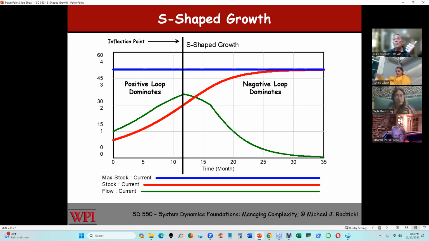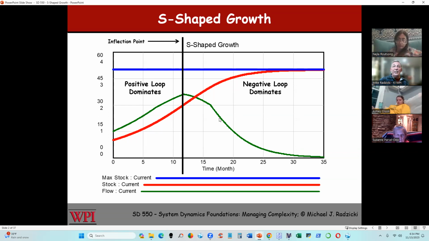So you need a positive loop, a negative loop, a goal or a carrying capacity, or a ceiling, something where the system is heading. If we're talking about S-shaped growth, it would be a ceiling. And then a non-linear relationship. And the non-linear relationship would typically be describing what happens as the trajectory of the system approaches its maximum or its ceiling, its limiting factor, its carrying capacity. So you have some guidance as to what to look for.